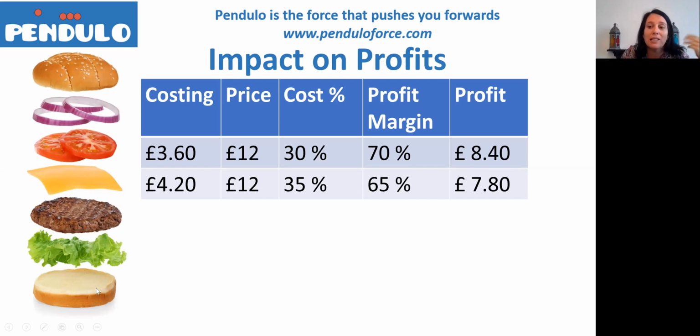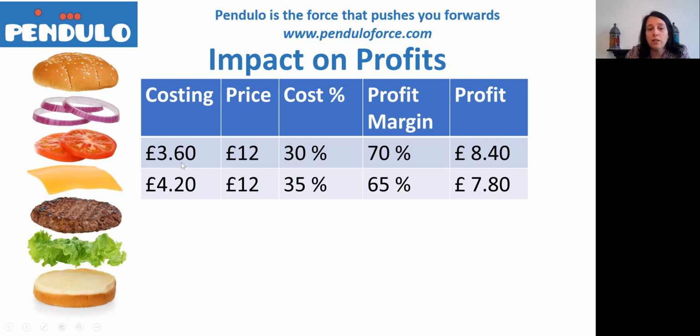Maybe imagine that you're increasing your wastage and you are not realizing. And that is why it is important to track our cost to be able to understand our margins as well. So imagine that the costing increases for one of these reasons, and then the new costing is 4.20.